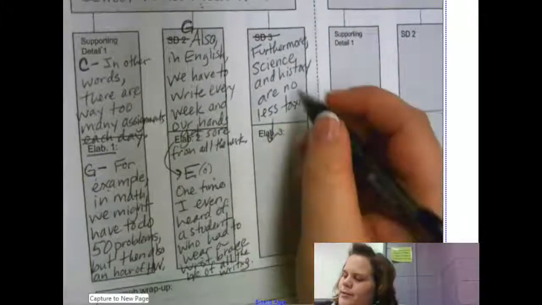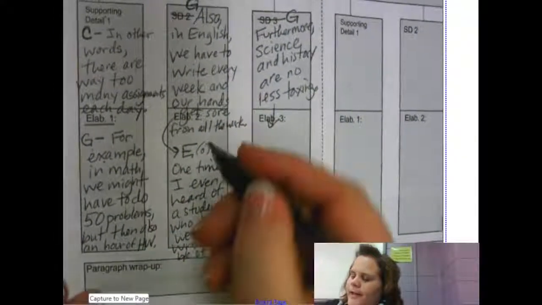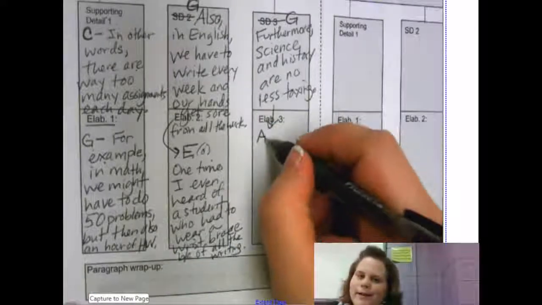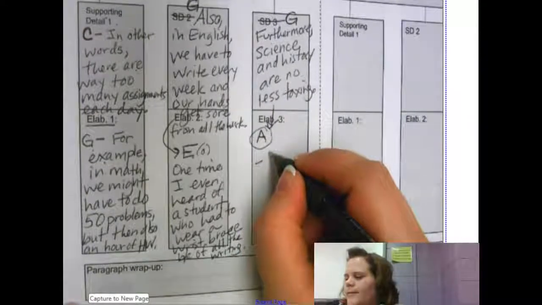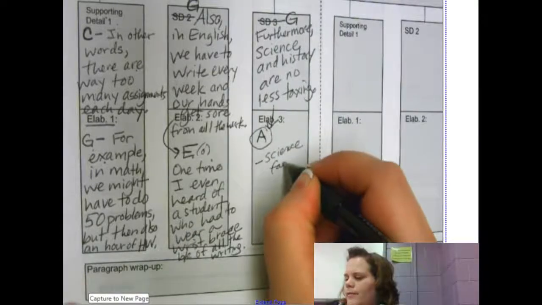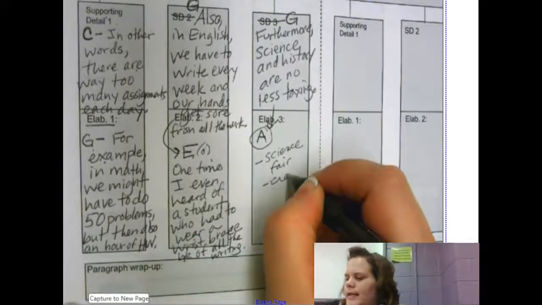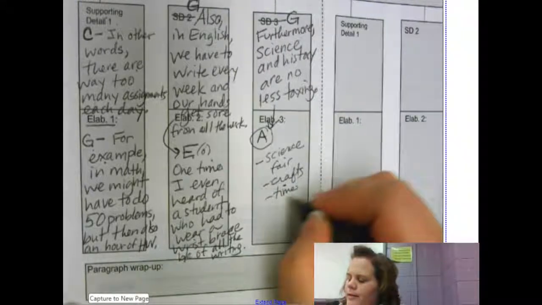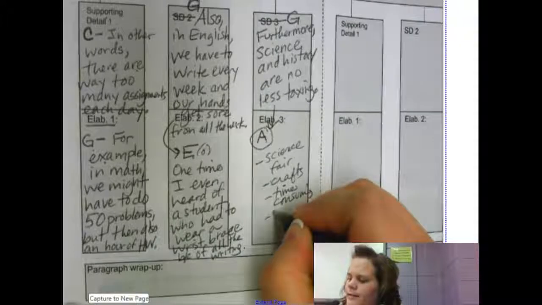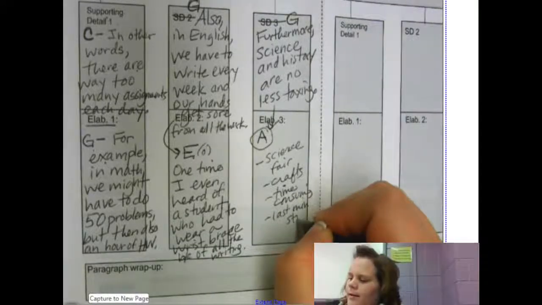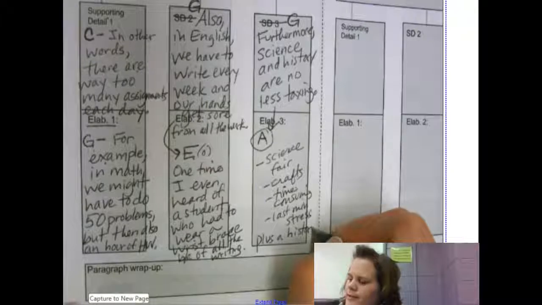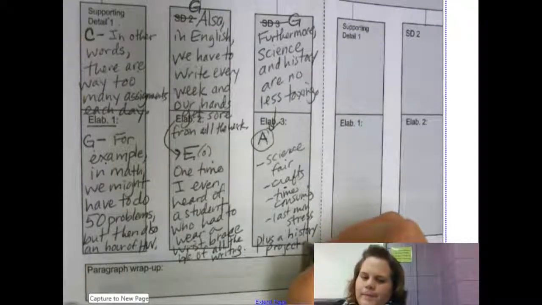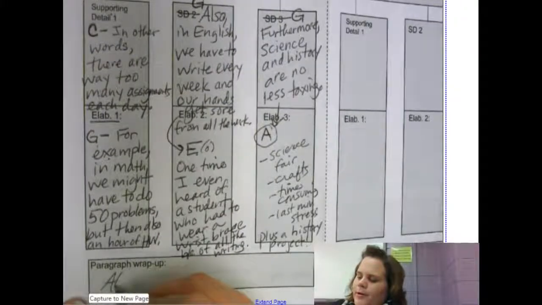And then let's maybe say, and by the way, this is just a general example. Now I'm going to go with an A. And an A, I might not need to write out every single word, but I'm going to say A for anecdote, and I'm going to talk about science fair, crafts, time, it's time consuming, last minute stress, plus a history project, and here's my wrap up.